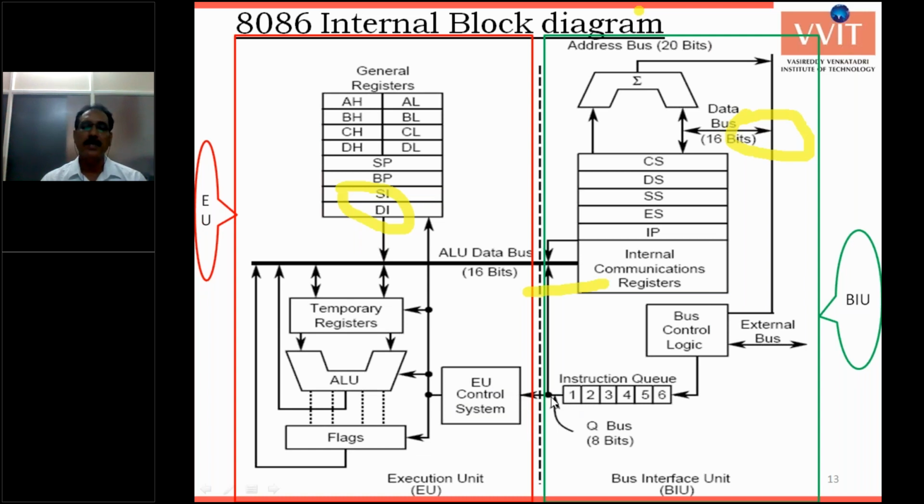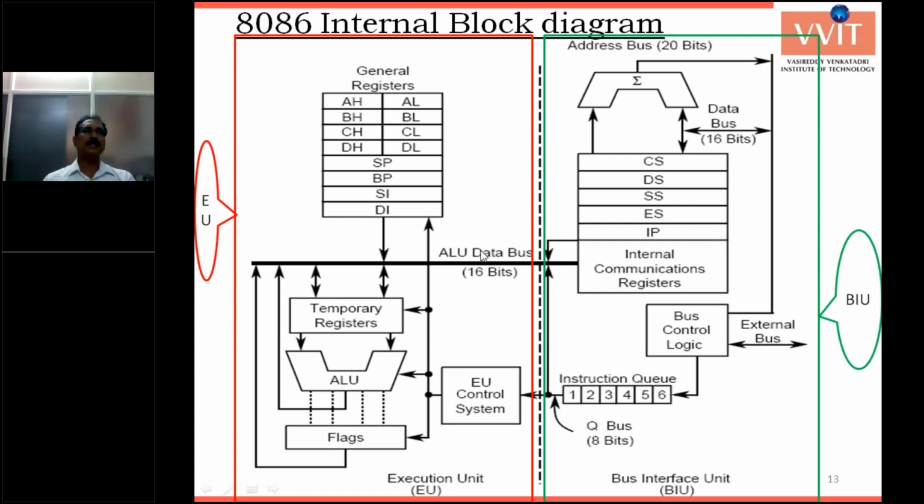It fetches and reads the instruction queue content and decodes it. If any data is required, that address is again calculated as a 20-bit address by the bus interfacing unit, read and transferred via the queue. The decoded instruction is processed by the internal storage registers.